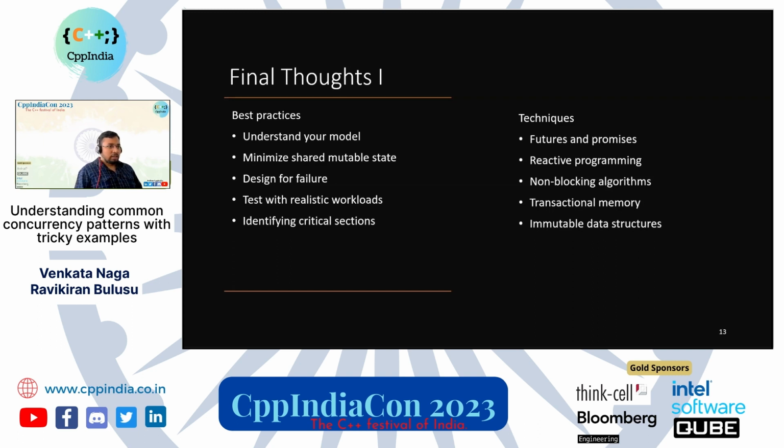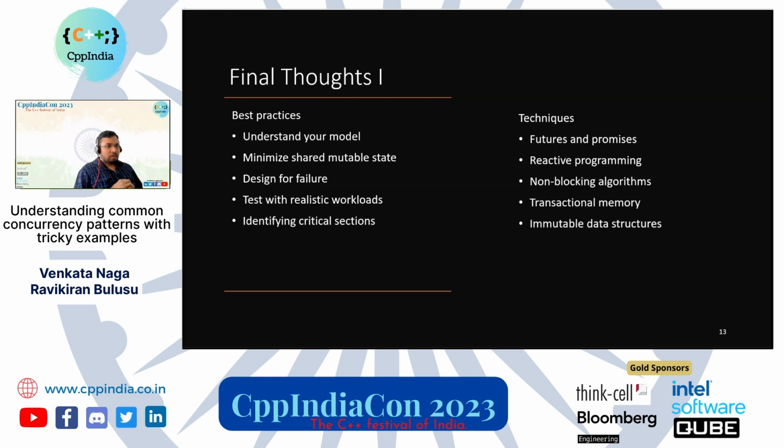So what are the techniques which we saw, and what are the other techniques which are available? So you can use futures and promises to a certain extent. Definitely you have to be careful in using it. And then reactive programming is a way to go, but the point is it's quite complex in general to code it for the first time. But once you set up the platform, I think it's quite easy to program it.